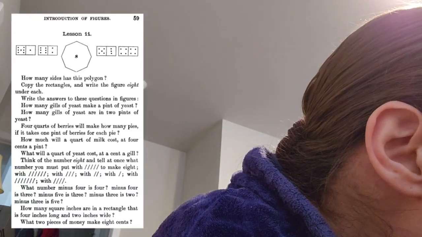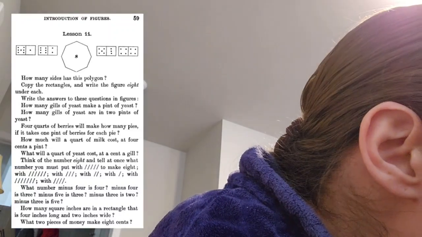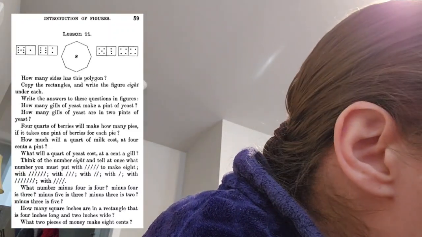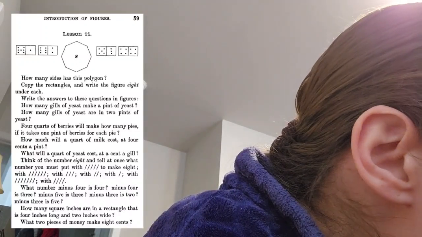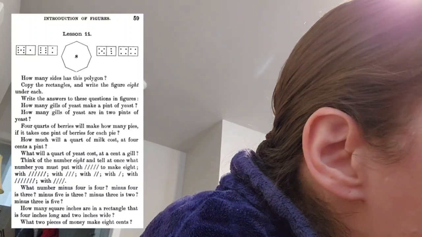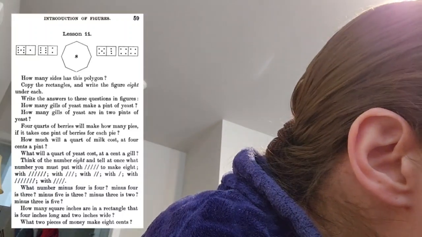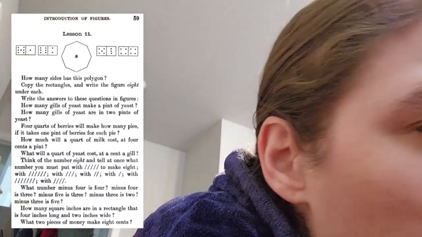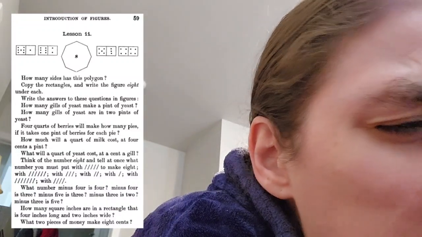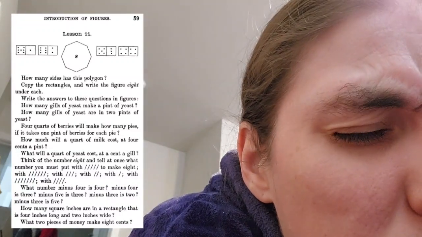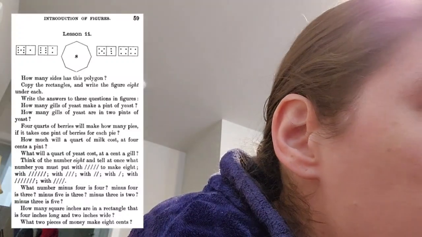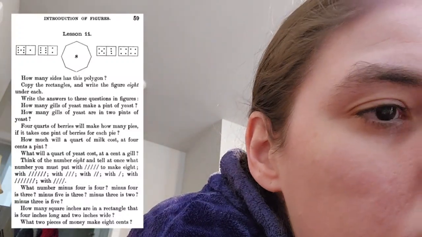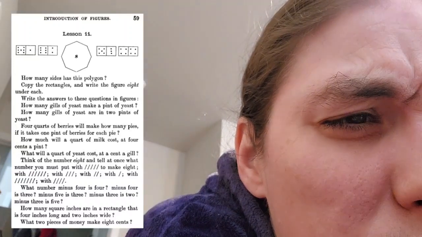Okay, 4 quarts will make, 1 pint of berries will make 1 pie, and there's 4 quarts. There would be 6 pies. I think you can make 6 pies with that. 8 pies.